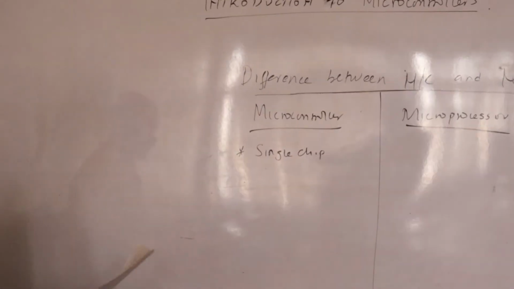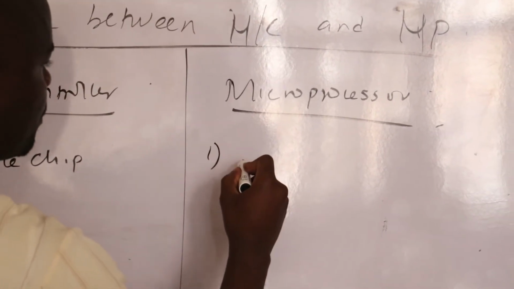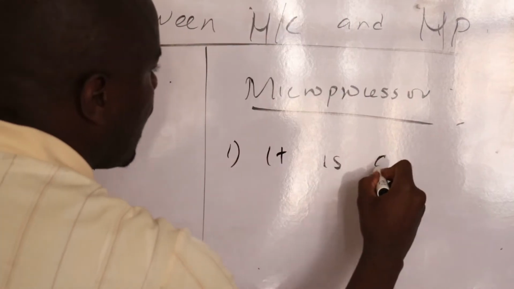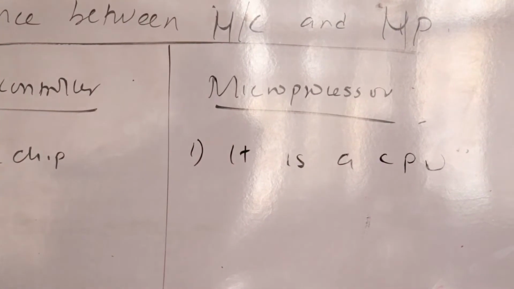On the other side, the microprocessor is a single chip that is a CPU, and basically it is always used in the computer. So that is one of the differences.